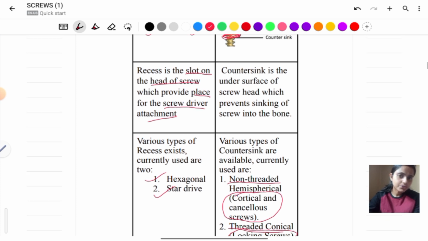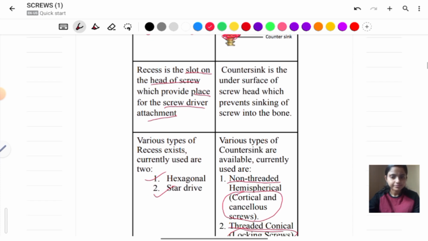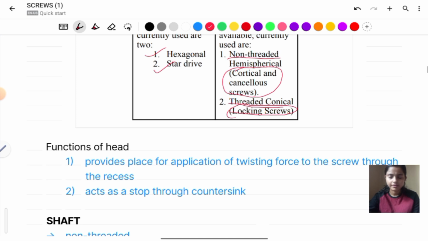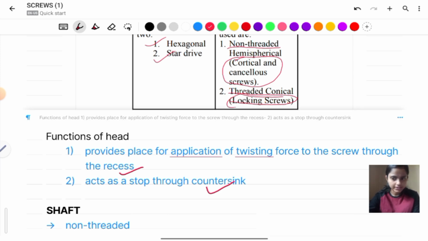In the locking screw the countersink is threaded, but in the cortical and cancellous screws the countersink is not threaded. Functions of the head: the head provides a place for the application of twisting force to the screw through the recess. It acts as a stop through the countersink.